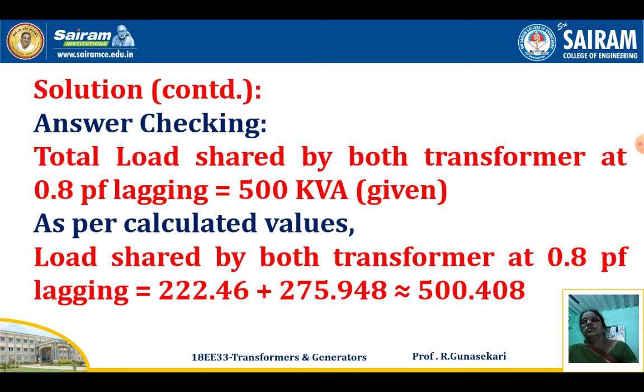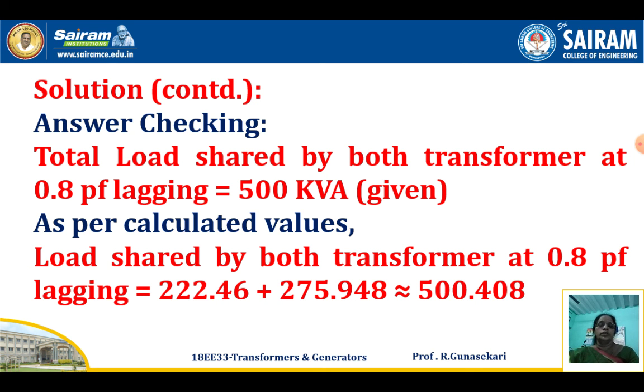So S1, the transformer 1, is 224.46, and S2, the rating of transformer 2, is 275.948. You can add these two magnitudes only, then you get 500.408. So plus or minus 5% is allowable only.